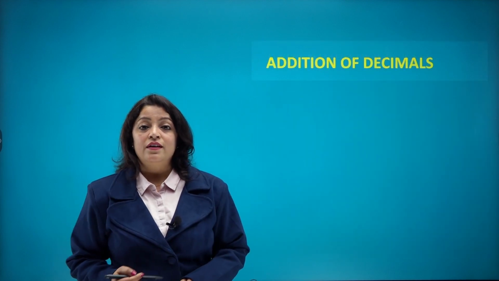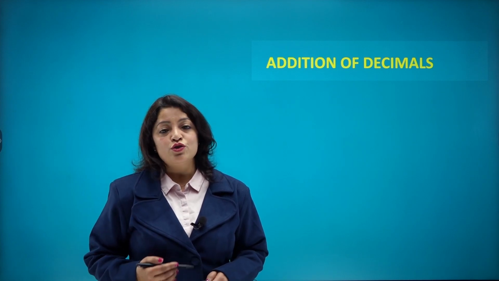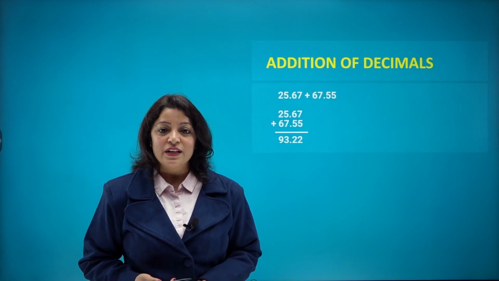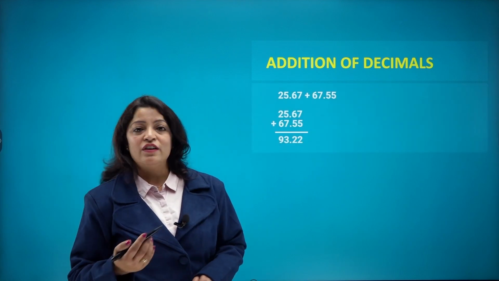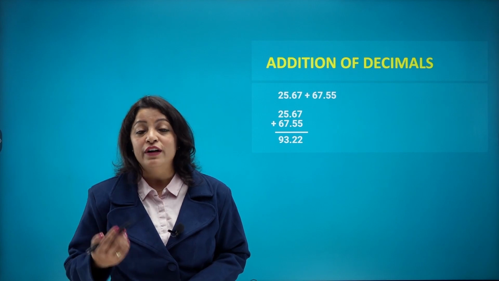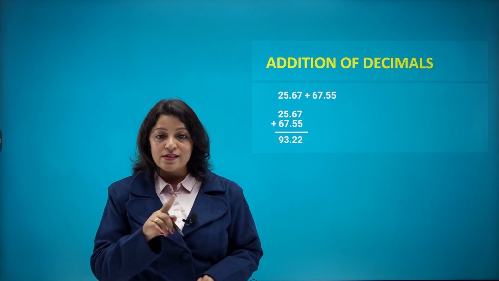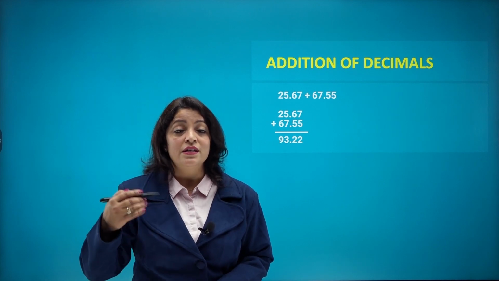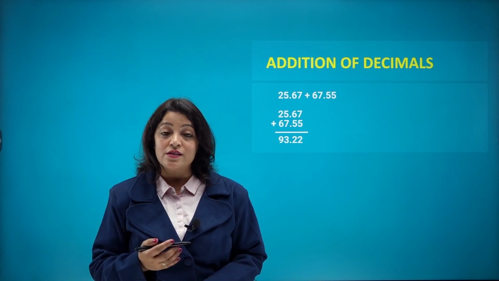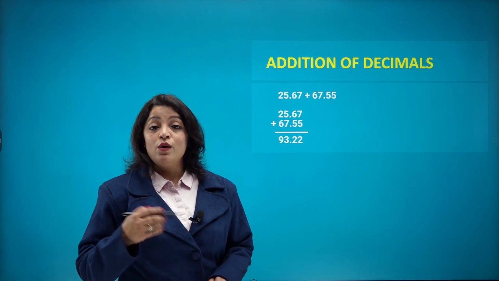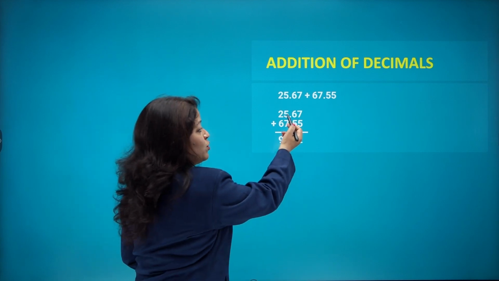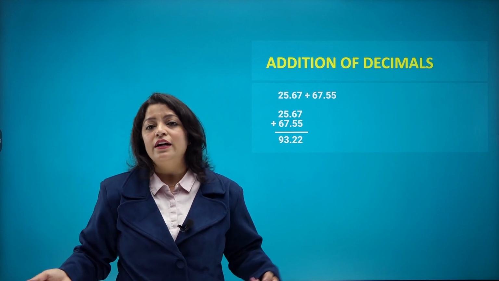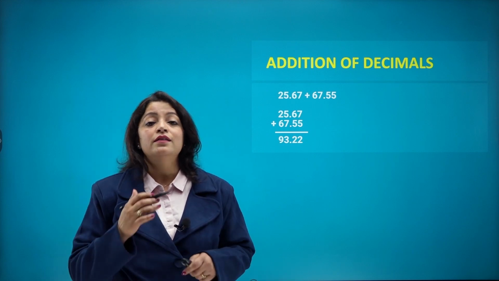Now, let us start with the addition of some decimal numbers. How can we proceed here? Let's see an example like 25.67 and 67.55. Remember, I am not saying sixty-seven point fifty-five, because the digits after the decimal are pronounced one digit at a time, that is 67.55. When we add them together, we have to arrange the decimal point below the decimal point and then add as you usually add numbers.